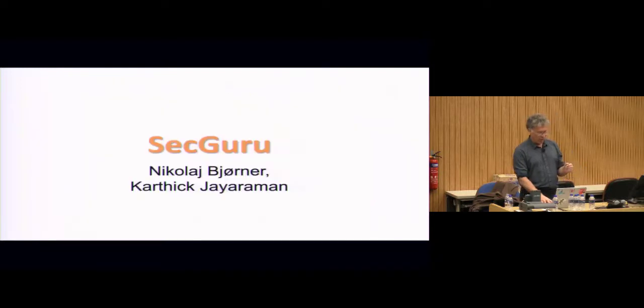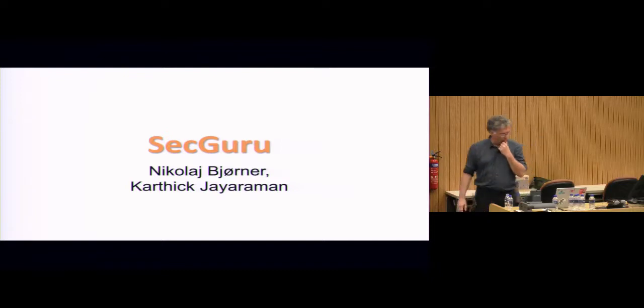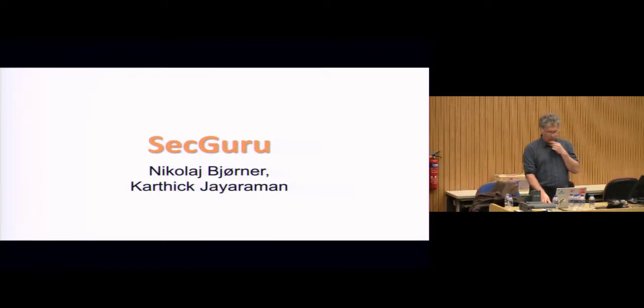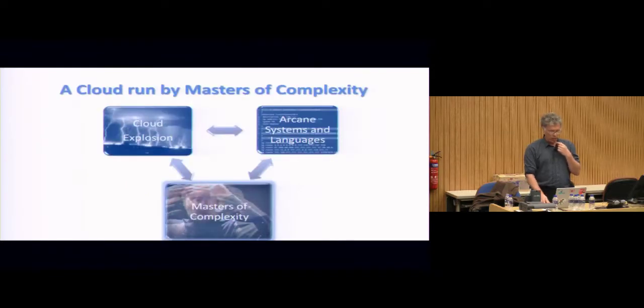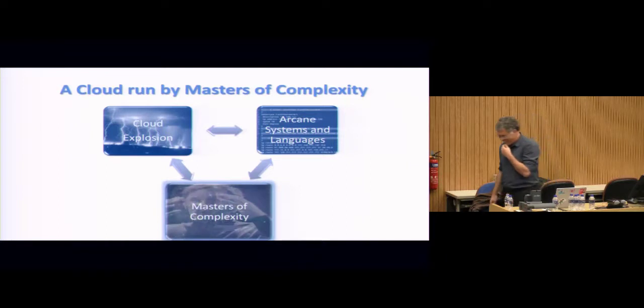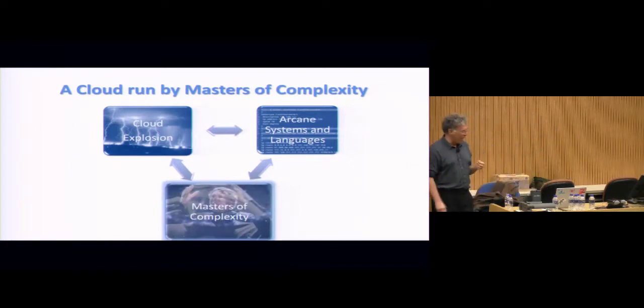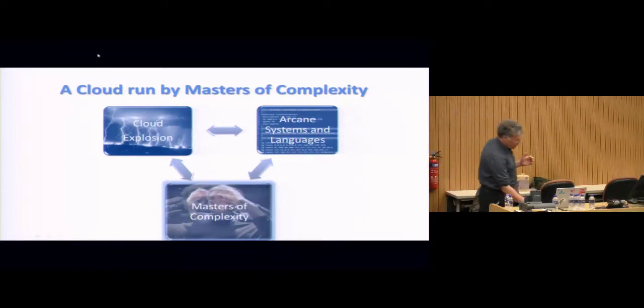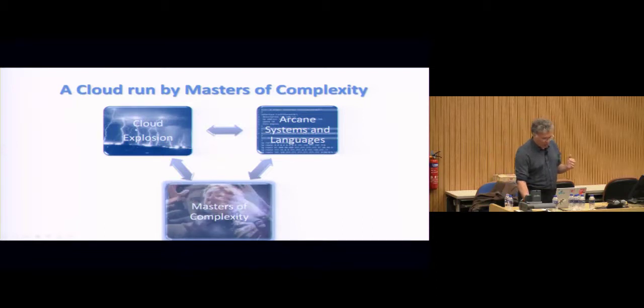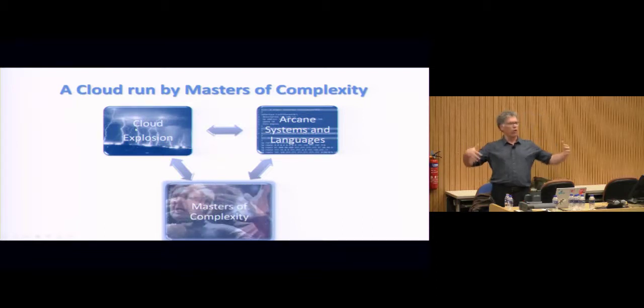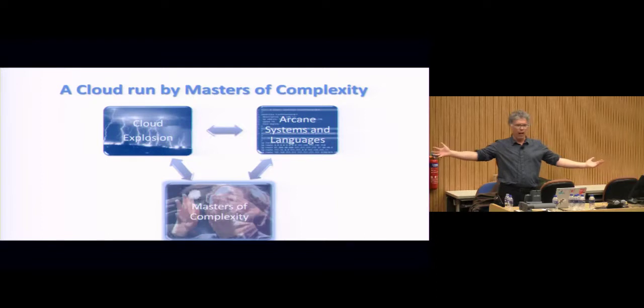Okay, so let's start with network verification. This is a very hot area, and Nikolai Bjorner is one of the leaders. He's in MSR, and he's been working with Kartik, who is an engineer in Azure. Nikolai likes to talk about the masters of complexity. In the upper left here, you have this cloud explosion, this incredible growth of the cloud.